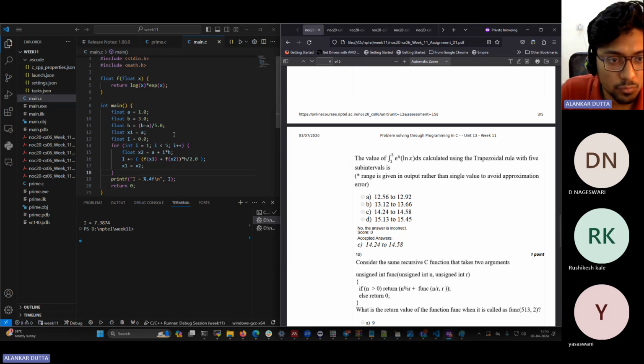We have got these values, and we have divided into 5 parts, and when we are looking at each of these parts, so we are at x2, which is a plus starts at a, and let's see the function e to the power of x times ln of x, so log x, and we have e to the power of x, 1, 2, 3.